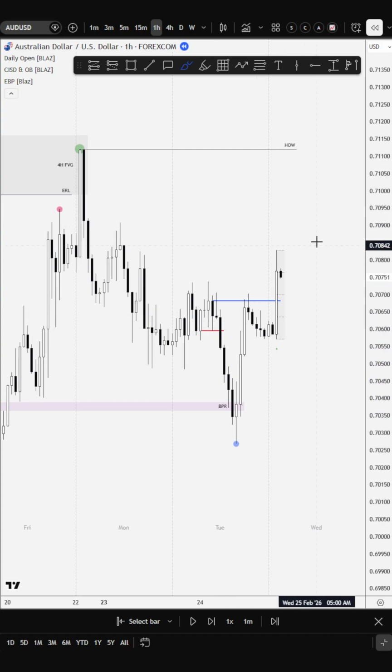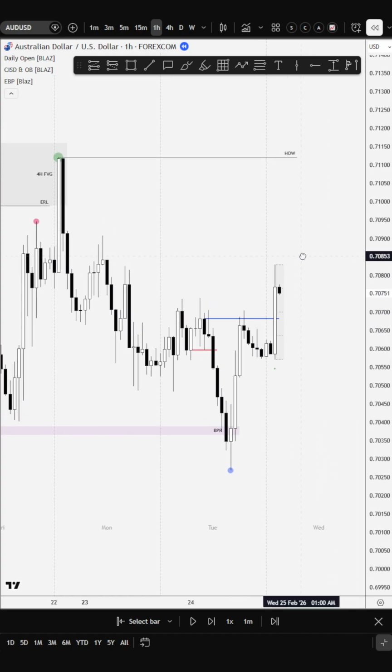This gives us the confidence that this low is now protected and it's time for us to start pushing higher. Without going to lower time frames, we can immediately enter this trade.